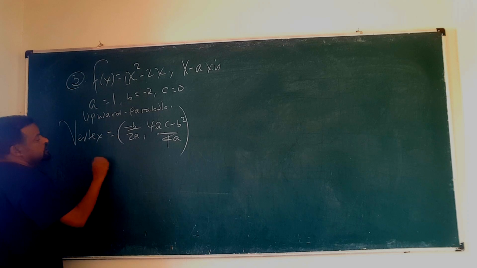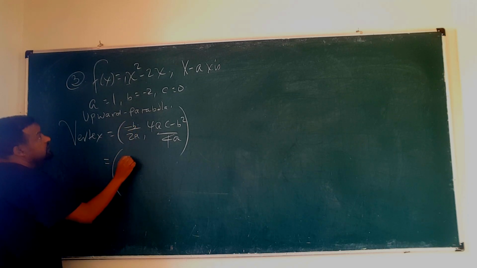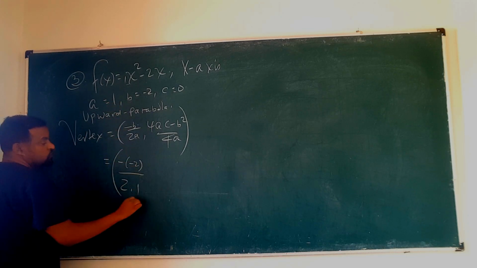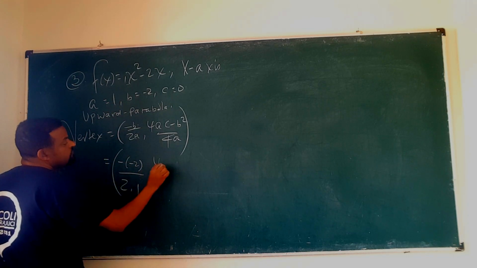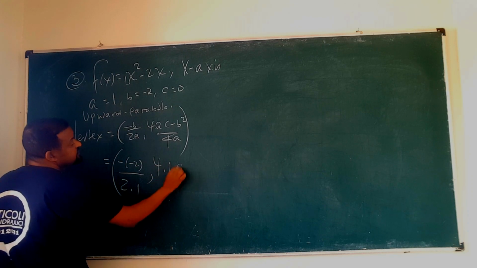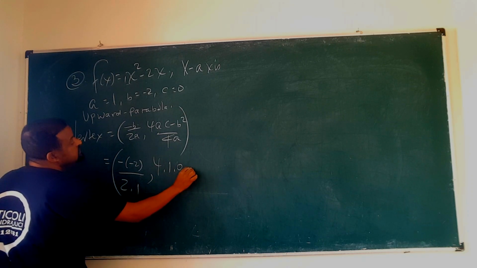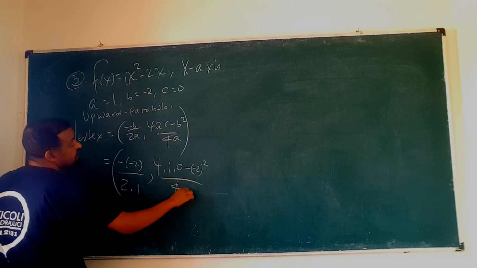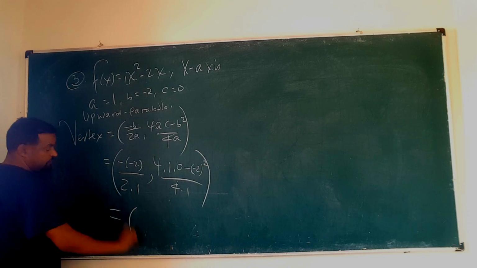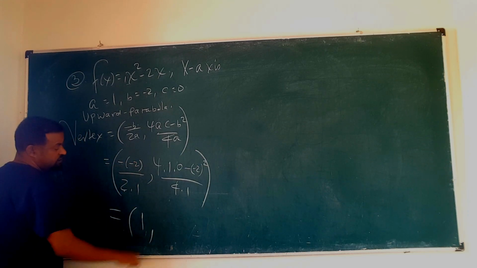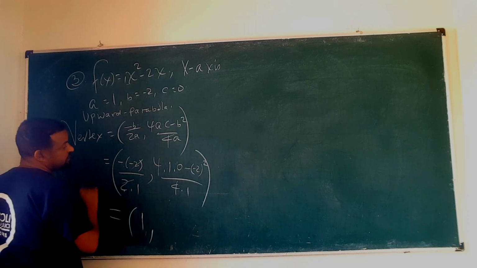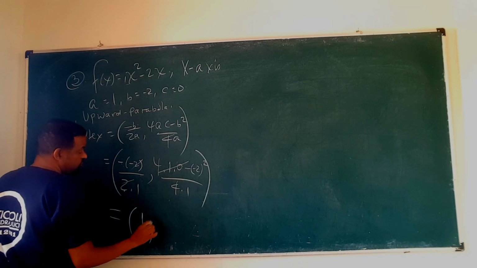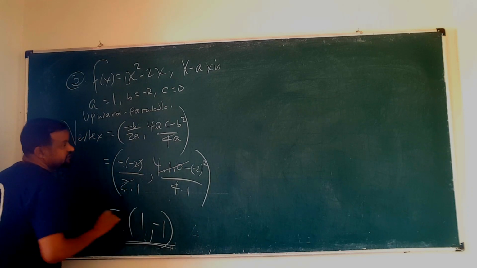So that will be negative b, negative of negative 2 over 2 times a is 1, comma 4 times a is 1 times c is 0 minus b squared, negative 2 the whole squared, divided over 4 times a is 1. So that will be 1, this is 0, negative 2 squared is 4, negative 4, negative 4 over 4 is what? Negative 1.